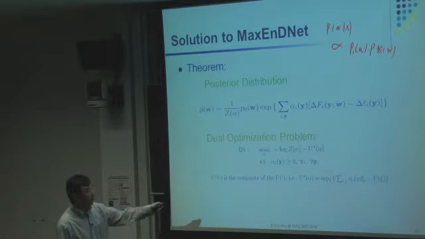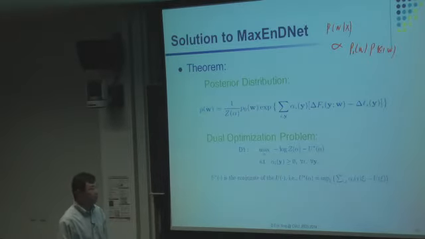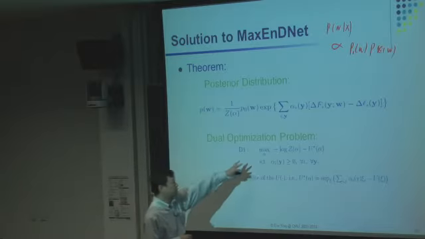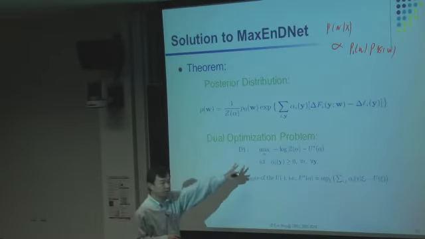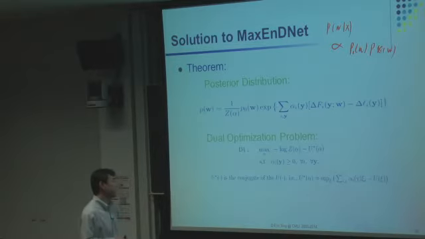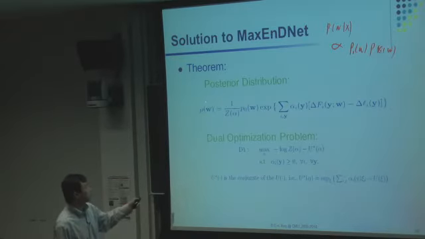And what's the value of alpha? Alpha is the solution to this dual optimization problem, which I put in a very symbolic form. It can be very complicated. And from here, what do you get? First of all, this posterior distribution is in the exponential family, right?